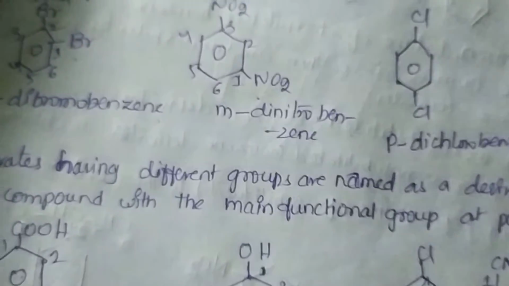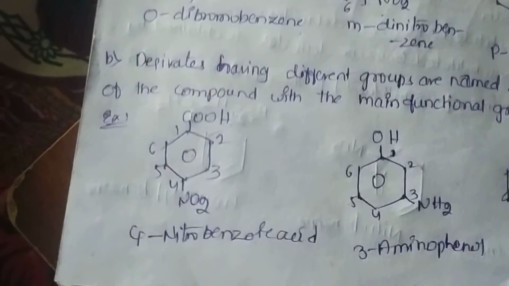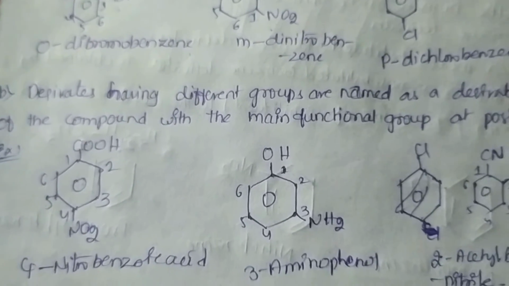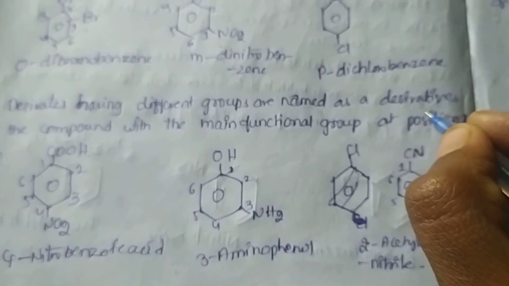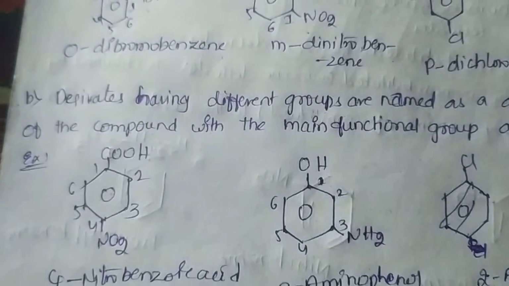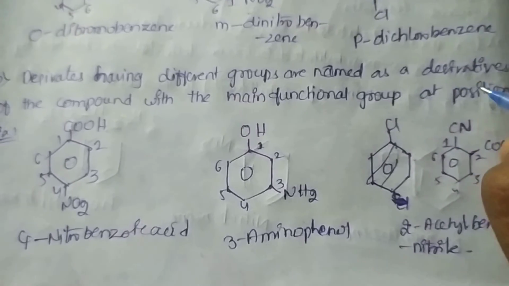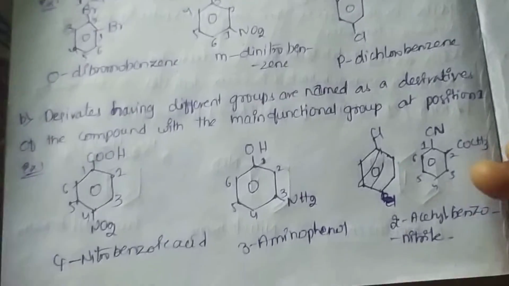Next, derivatives having different groups are named as derivatives of the compound with the main functional group at position 1.